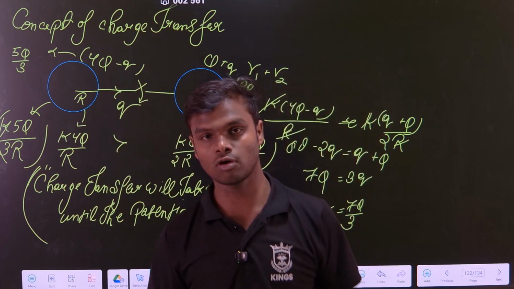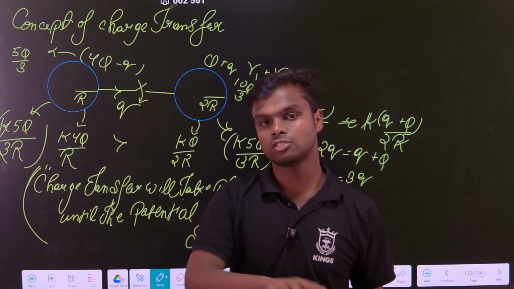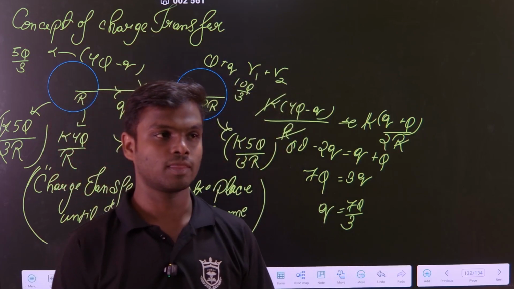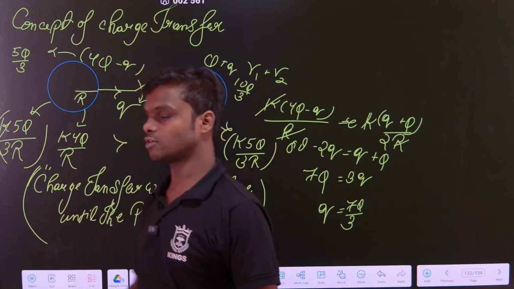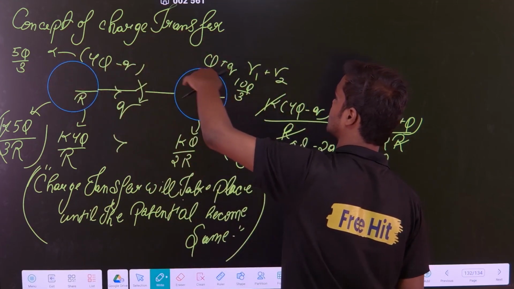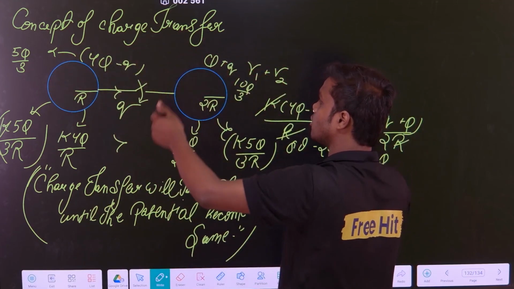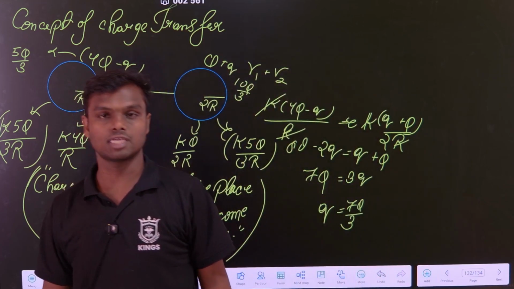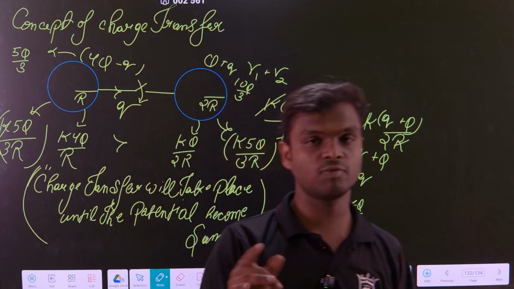I am giving you two options. First option: when the total charge of the first sphere and the total charge of the second sphere become equal. Second option: when the potential of both conductors becomes the same. Which option will be correct?